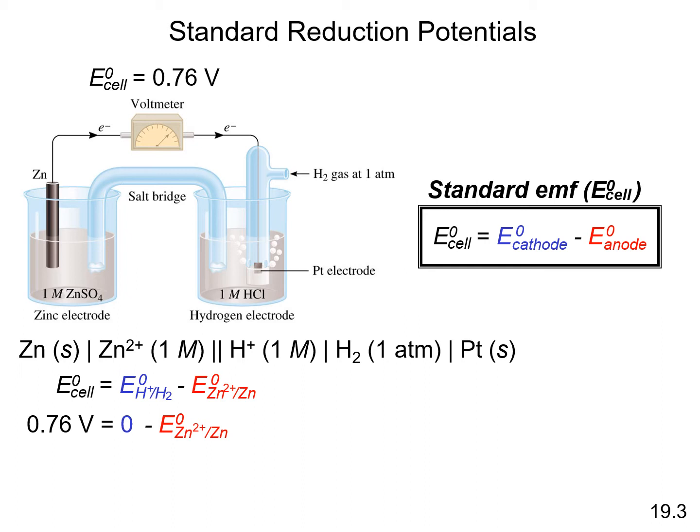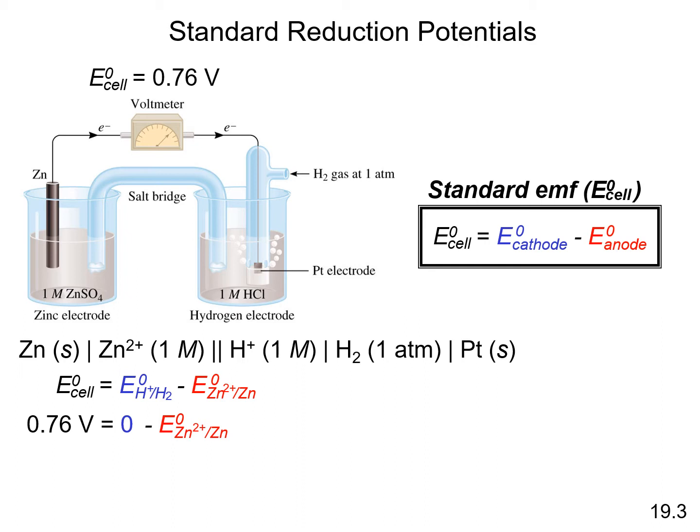To calculate our E cell, we have the formula: the potential at the cathode minus the potential at the anode. Initially, the formula we said earlier is that we simply add, right? But remember, the reduction potentials, which you will see in the table later, are all in reduction expression or reduction reaction.